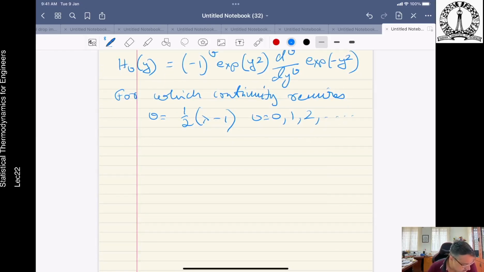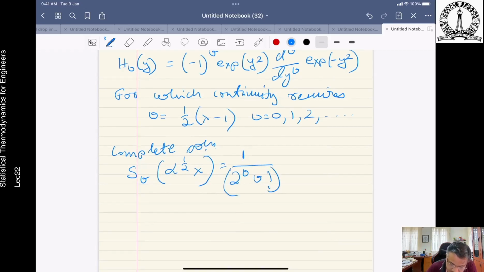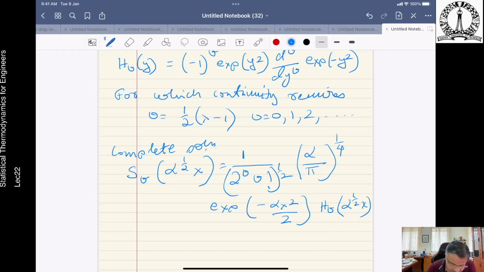The complete solution is psi v, as a function of lambda half into x, equal to 1 over the square root of 2 to the v v factorial, times alpha by pi raised to the power of 1/4, times exponential of minus alpha x squared by 2, multiplied by the Hermite polynomial of the square root of alpha times x, where alpha is given as 2 pi nu divided by h bar.